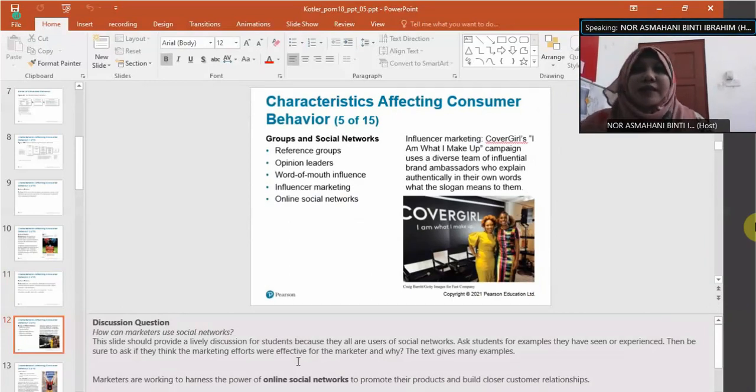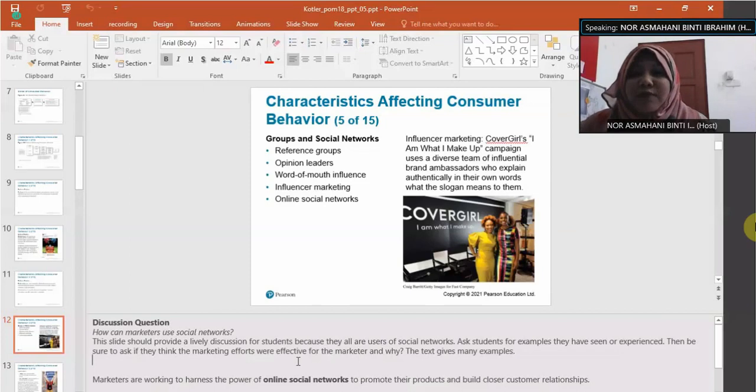When you want to buy a supplement product or health product or natural products, you may have some reference group that you refer to. You may have an opinion leader, an expert, that you refer to before you make a decision to buy, right?